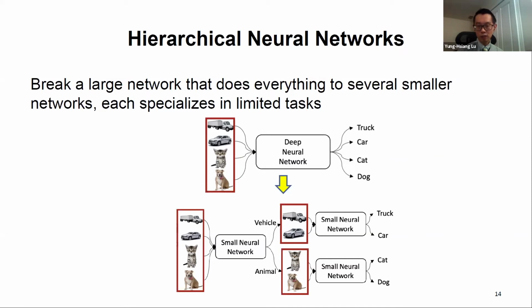The traditional method uses one large neural network to classify all categories. In the lower part of this slide, we use a small network to do the initial processing to classify them into vehicle or animal. Then we use 2 different neural networks to further distinguish them. By doing this, we have discovered that each neural network can be much smaller than the original big neural network that can do everything all together.